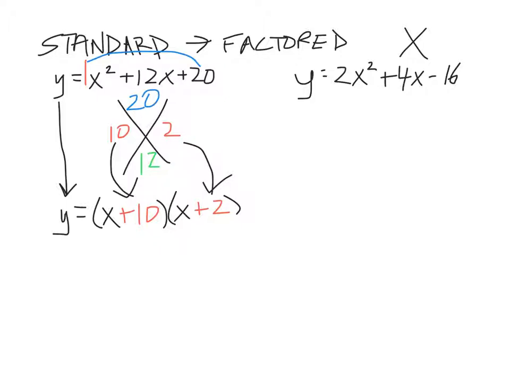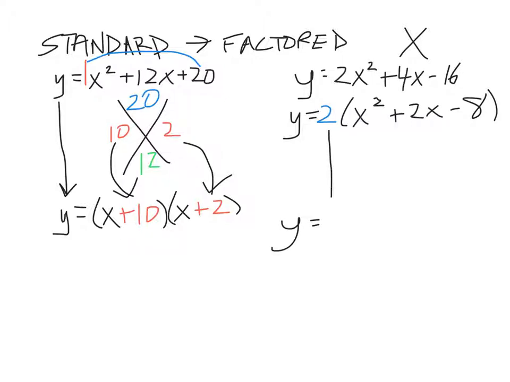When I look at the next one, what do you notice? They're all divisible by 2. I try to give you really obvious GCFs, by the way, when it's something like this. So I'm going to take out a GCF of 2, which is going to leave me with x squared plus 2x minus 8. And now what I do, once again, you're probably going to forget once you've done more of the problem. Bring down that 2.